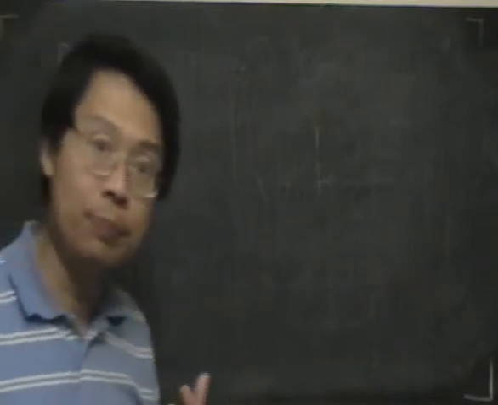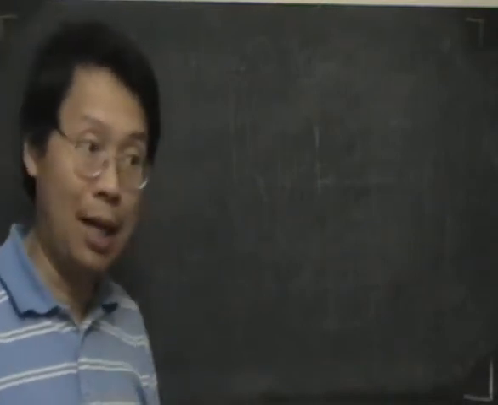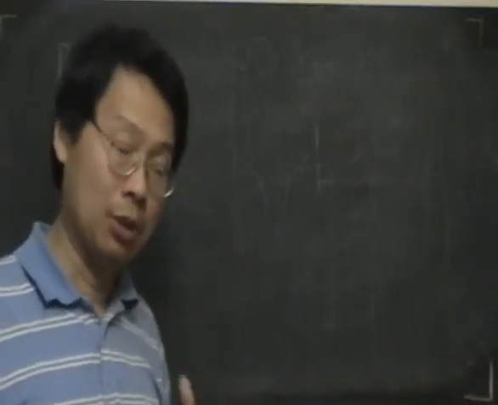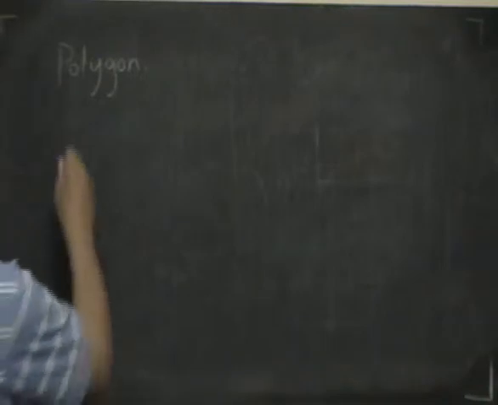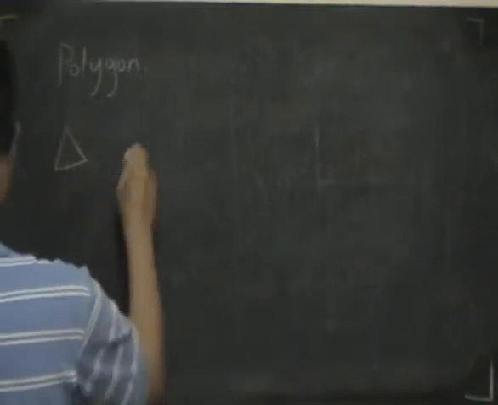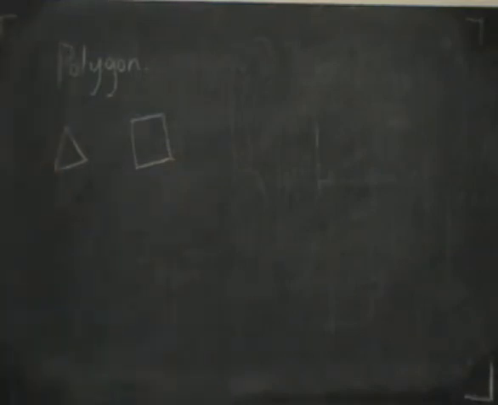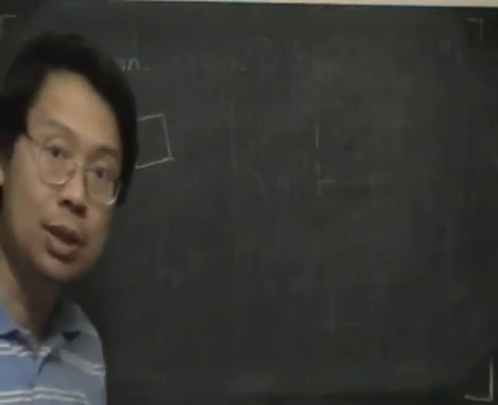So actually, a triangle is a type of polygon. A square is a type of polygon. Let me just draw that. That's a type of polygon. That's another type of polygon. So these have 3 sides and 4 sides.